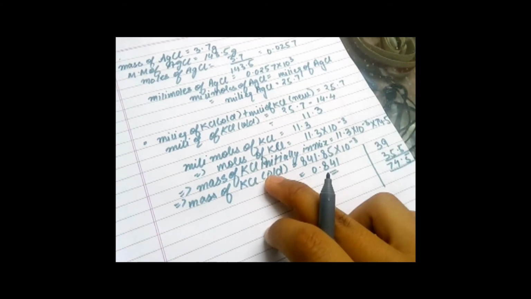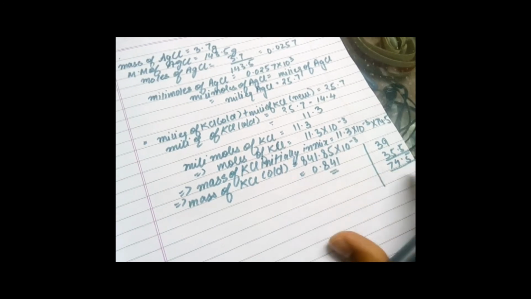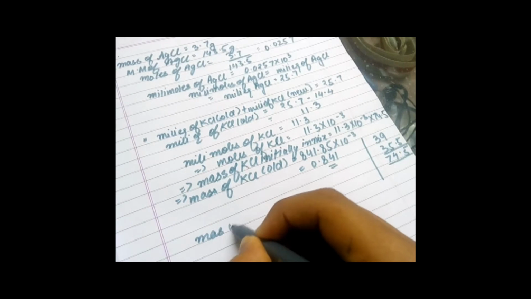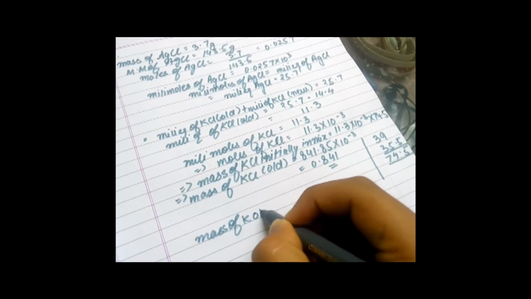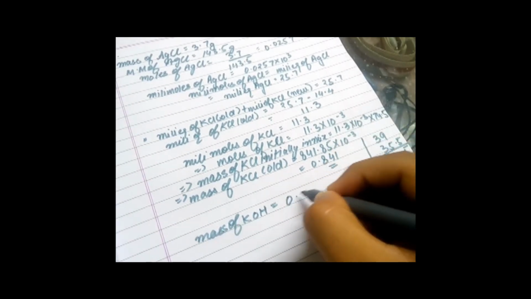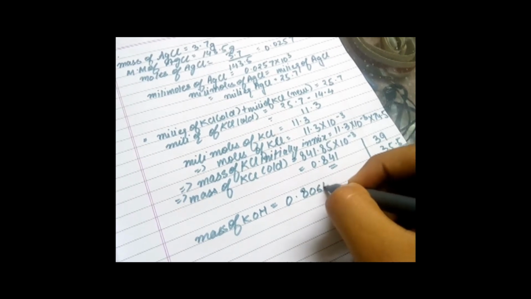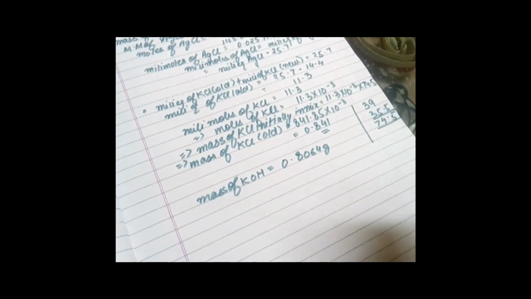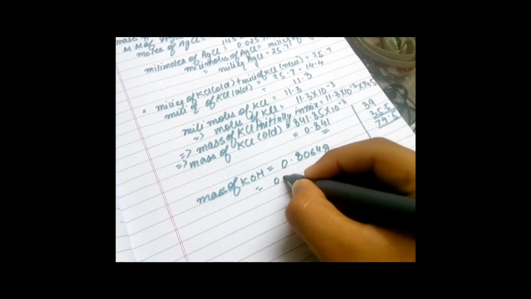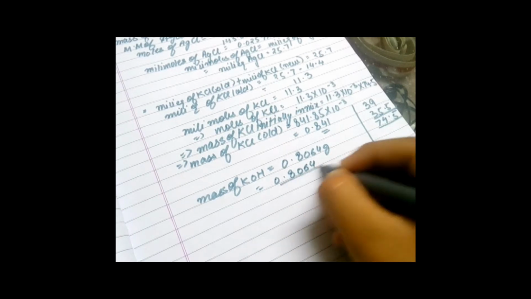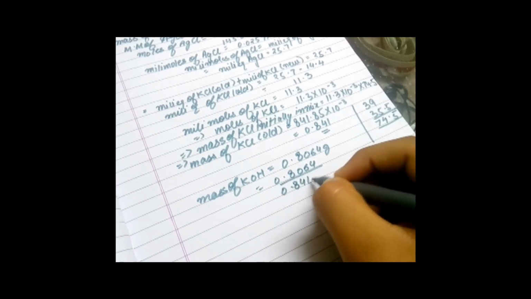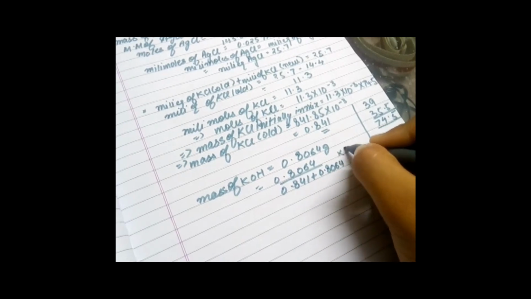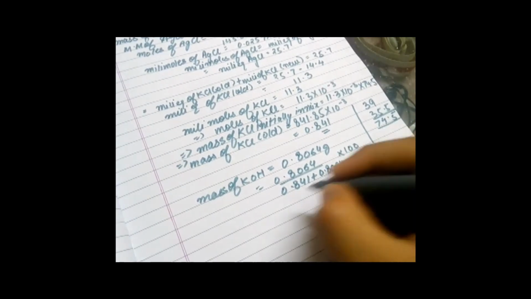So now we have got the mass of KCl and we have got the mass of KOH earlier. I will write that here, mass of KOH, which is equal to 0.8064 grams. Now we can easily calculate the percentage of KOH in the mixture, which will be 0.8064 upon 0.841 plus 0.8064 into 100.